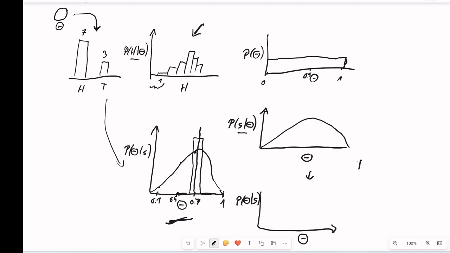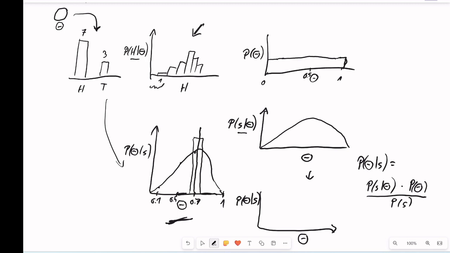Reminder to what we had before: probability of parameter given sample equals probability of sample given parameter times probability of parameter. Then we still have to divide by the probability of the sample, but since on the x-axis we have theta, this doesn't depend on the sample, so this essentially only becomes a normalizing constant, what we have in the denominator.